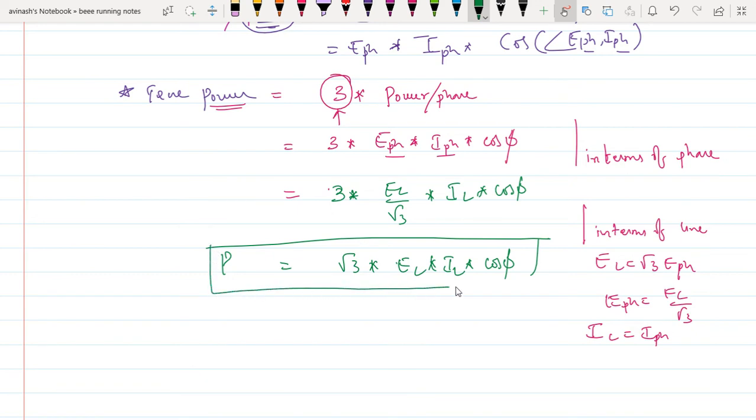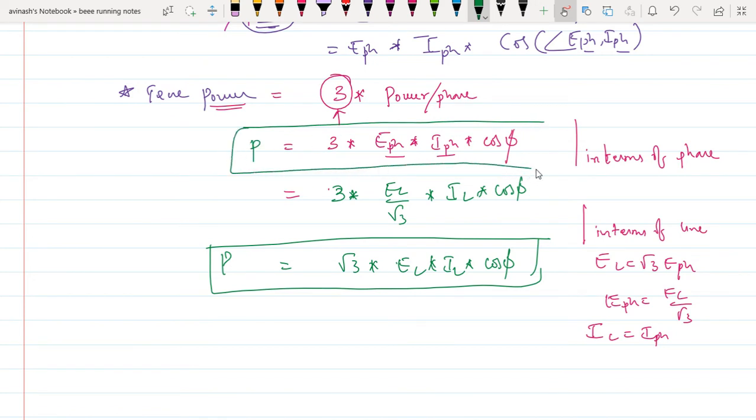Hope you understand this point. These are the two formulae where you have to use. If phase voltages and phase currents are given, then power in terms of phase is this formula: 3 times E phase into I phase into cos phi.